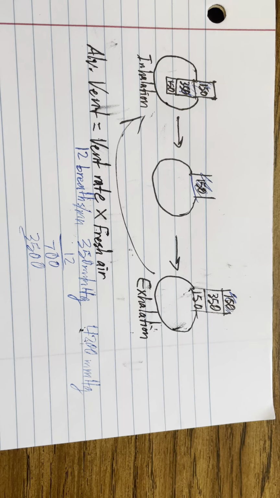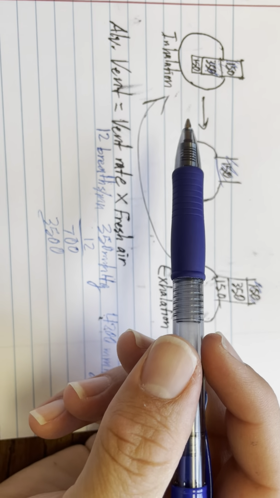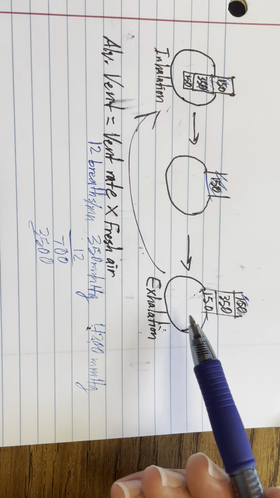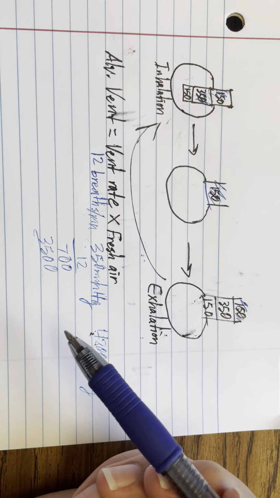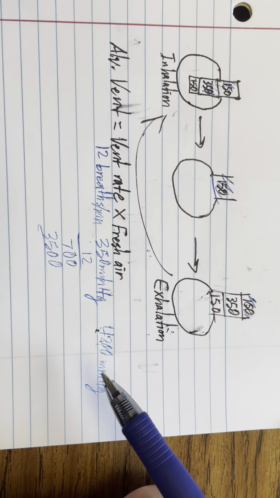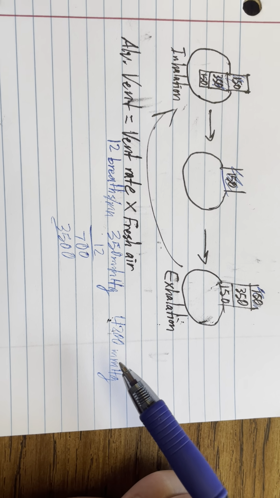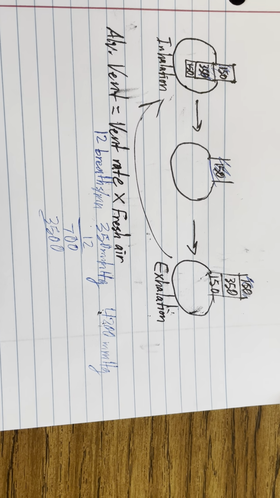In contrast, if we have rapid breathing and shallow breaths, we're not going to be pushing as much fresh air into the alveolus, and therefore we will not have as much of a pressure buildup of oxygen that can diffuse across the membrane.